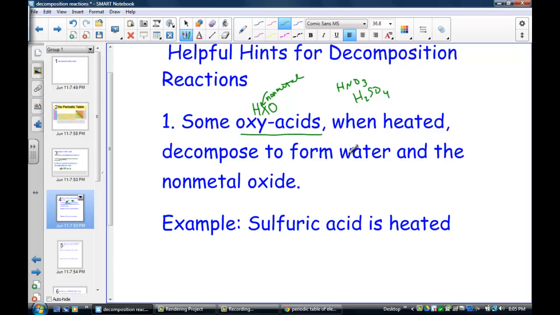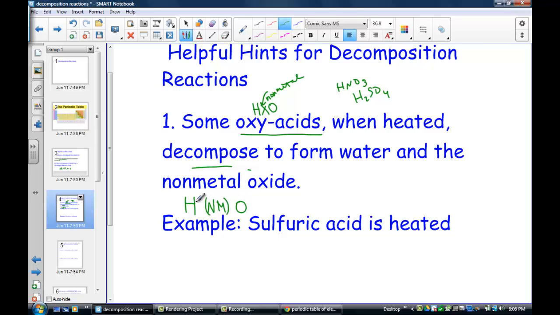When we build them, we take a nonmetal oxide and place it into water. When we decompose them, we take out the water and we're left with the nonmetal oxide. When an oxyacid starts with an H and has a nonmetal, we could put X or maybe NM for nonmetal oxide.